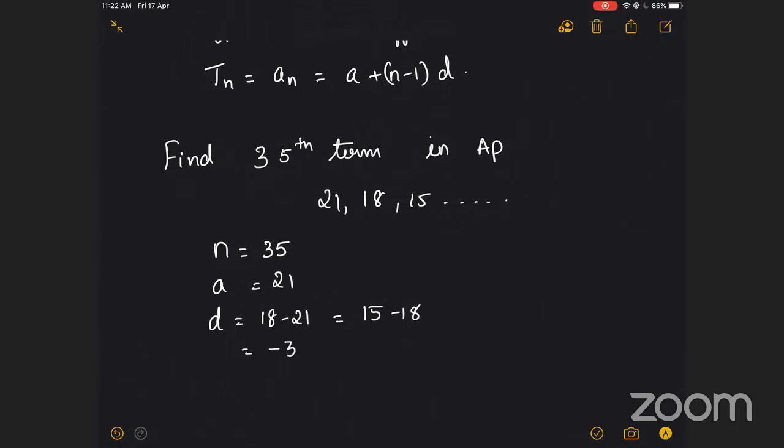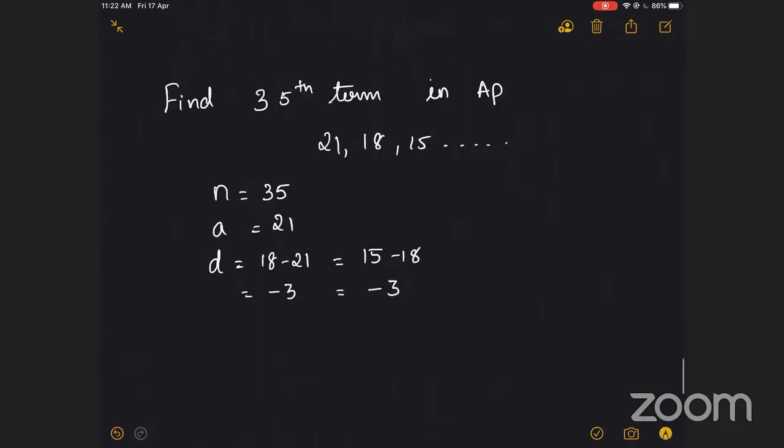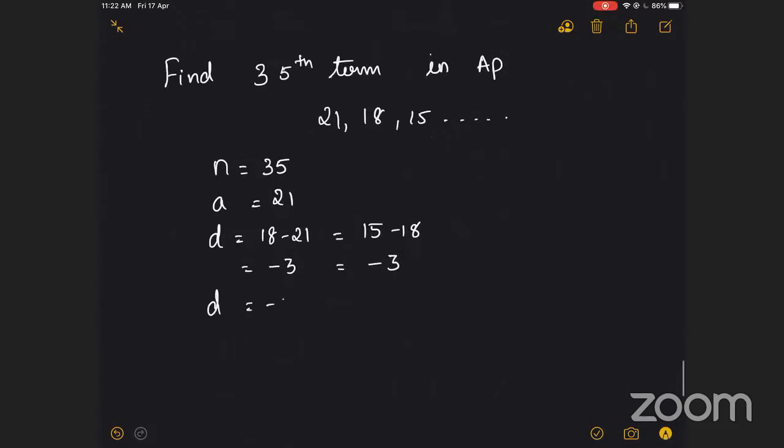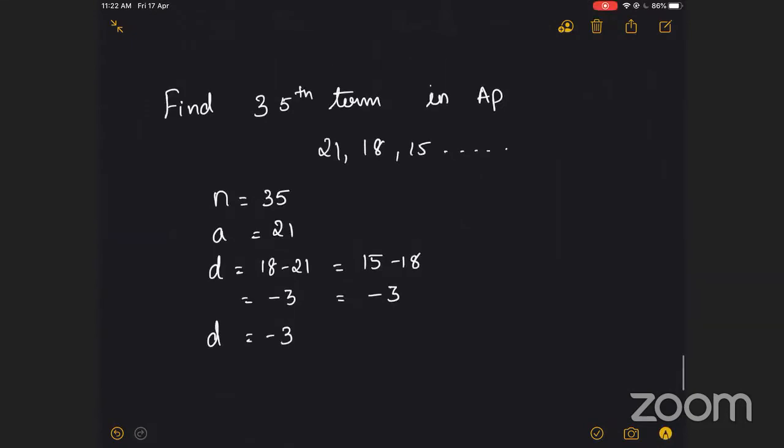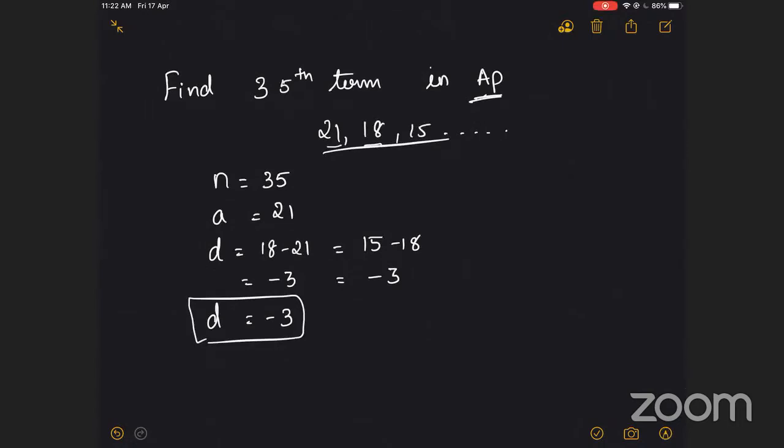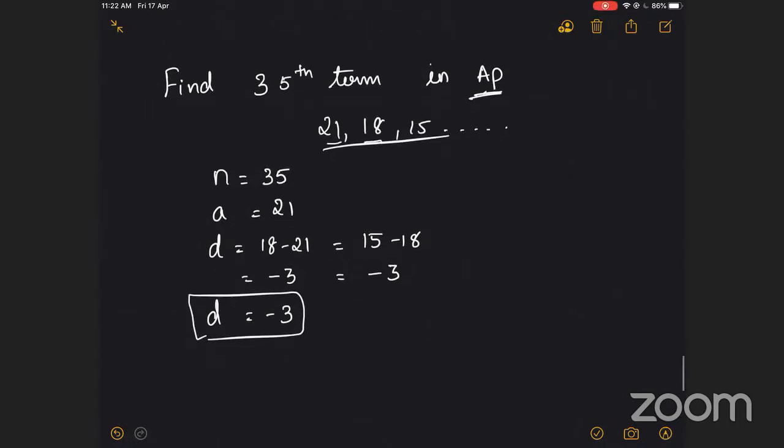Yeah, D is minus 3, and here this is also minus 3. So the common difference is minus 3. If it is given as an AP, then the common difference is fixed, so finding it for the second and first term is enough. No need to find it for the third and second term.